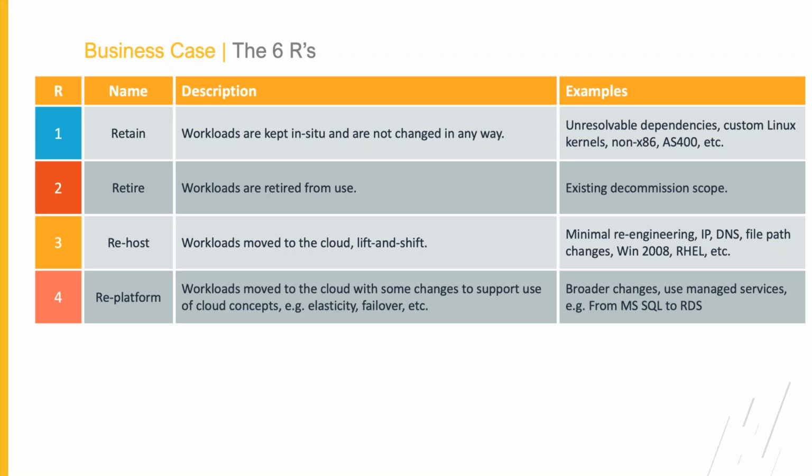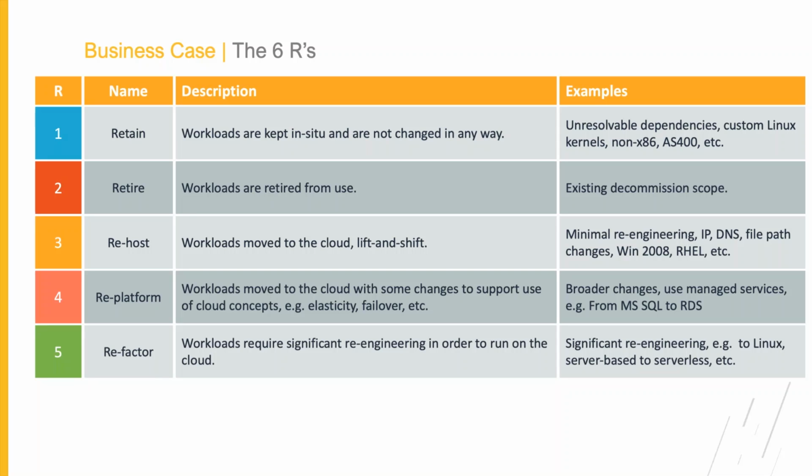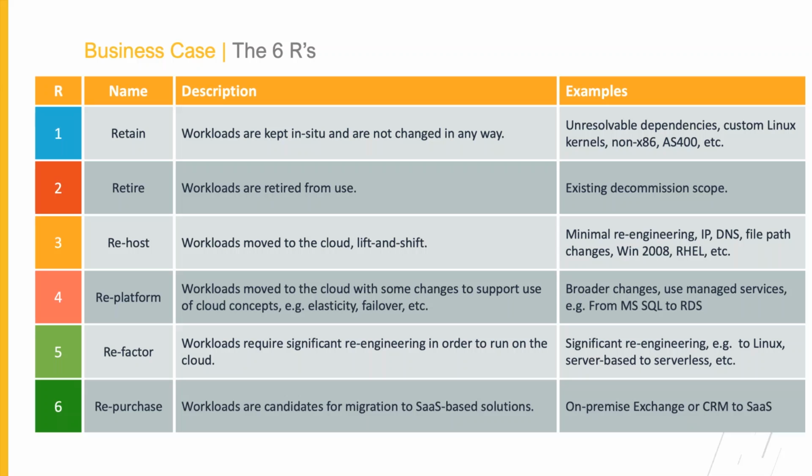You may move from 2008 servers to 2019 servers, so you're replatforming the OS. Then you refactor. These are where your workloads require significant re-engineering to run cloud native. And then repurchase. These are candidates to move to a SaaS-based solution. You may have on-prem Exchange, move to Exchange Online.